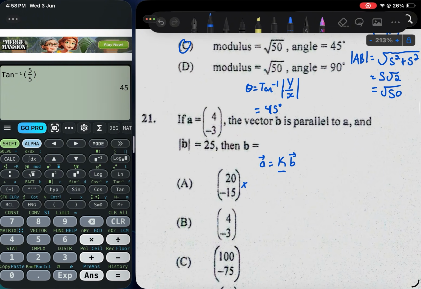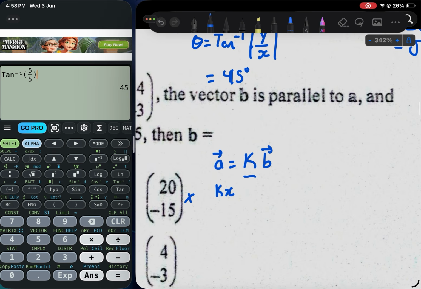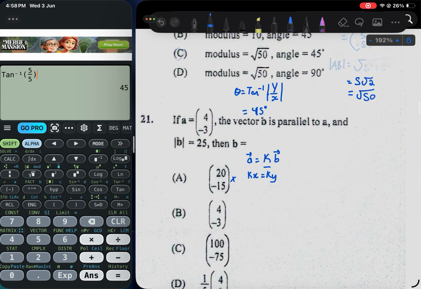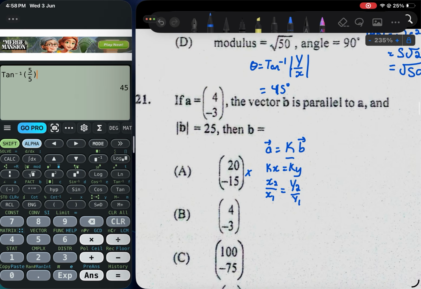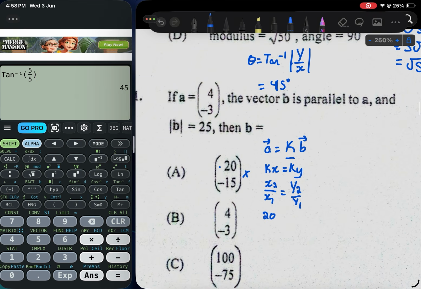In order for them to be parallel, x2 over x1 has to equal y2 over y1. So x2 would be the 20 here over x1, which is the 4, is equal to y2, which is negative 15 here, over y1, which is negative 3.